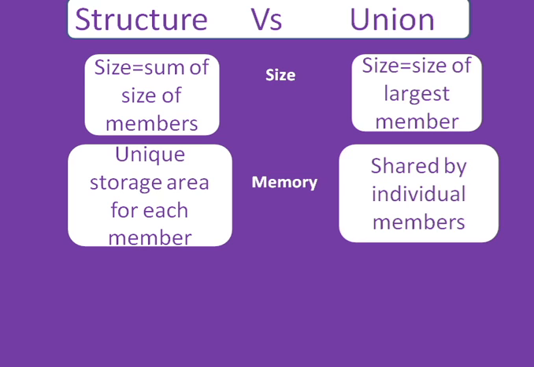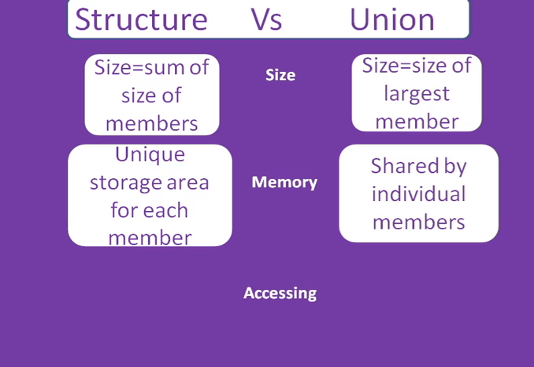For example, a union having 10 data members, among those one data member having the highest capacity, definitely that should be the size of the union. That much memory is reserved, and that memory is shared by all the members of the union. That is the difference in terms of memory between structure and union.